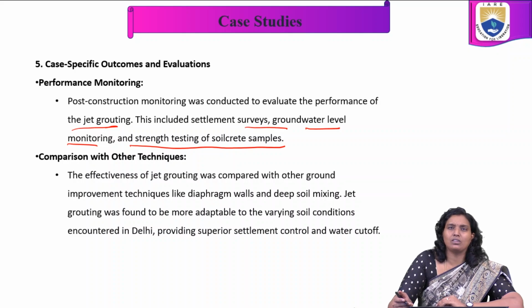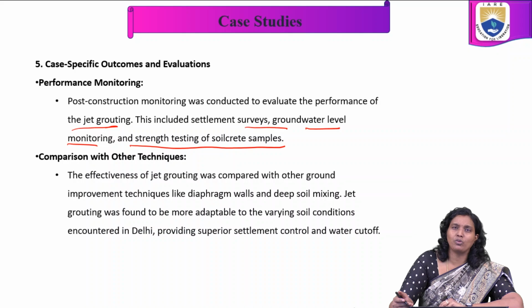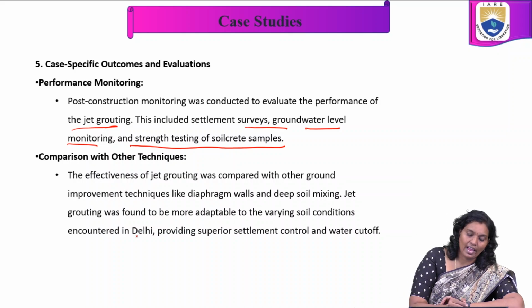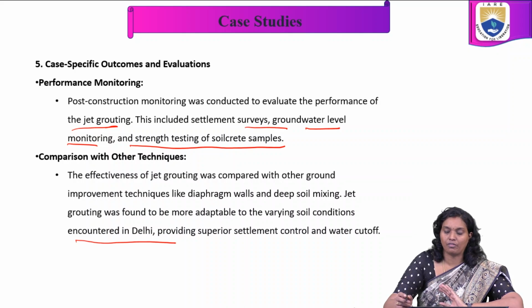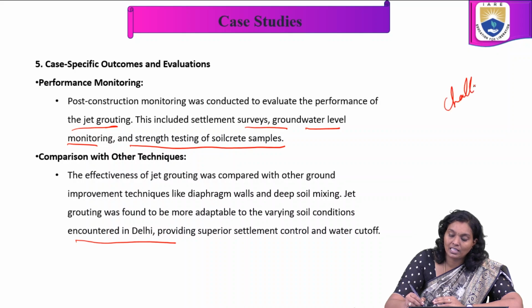The effectiveness of jet grouting was compared with other ground improvement techniques like diaphragm walls and deep soil mixing. Jet grouting was found to be adaptable to varying soil conditions encountered in Delhi, providing superior settlement control and water cutoff. For any kind of challenge, different techniques may be available.